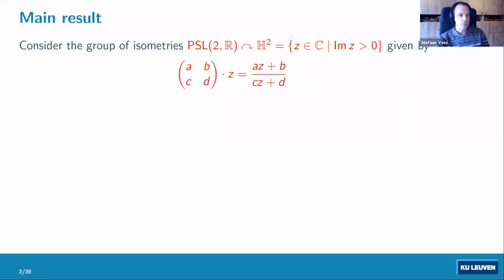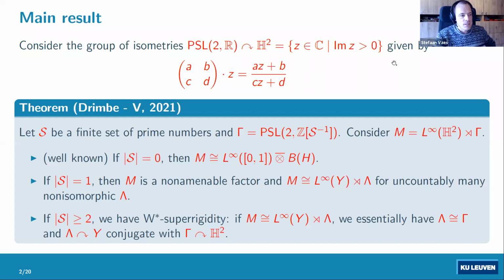And what I'll be interested in is how subgroups of PSL2R, countable subgroups, act on H2 and how their von Neumann algebras look like. And here is the main theorem, but this is actually a sample theorem of a general phenomenon that I will be discussing. And we will look at specific arithmetic lattices. I will come to that later.